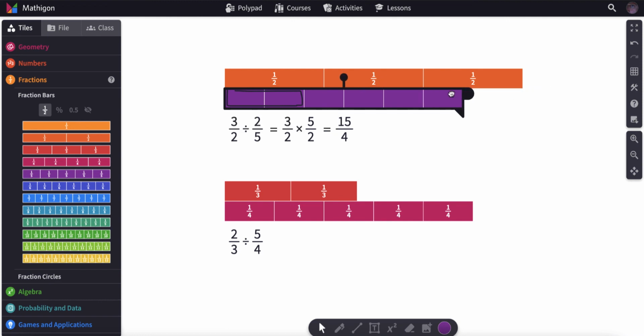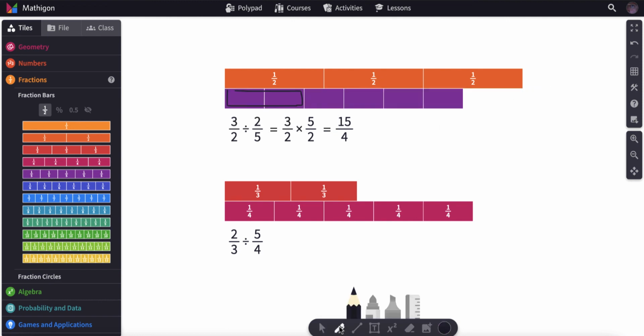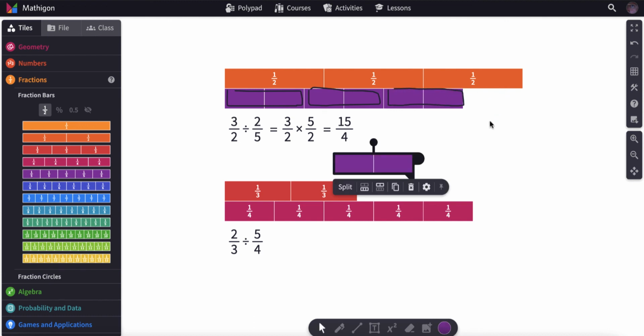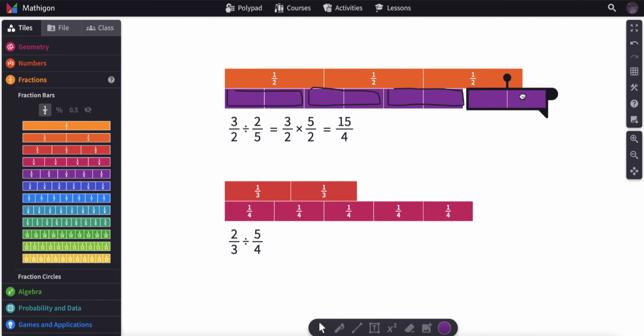So we're going to draw those pieces out here just so that we can see them. So there's our second piece, and here's our third piece, and we can see that it's too much to do another piece there. I'm going to put it in there anyways. There's that other piece, but it's too much. So we're going to split this and see what fraction of this 4th piece we get there.